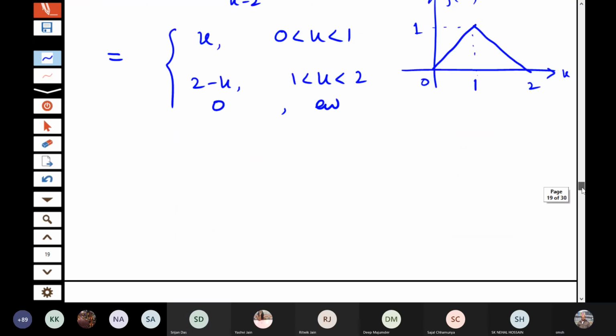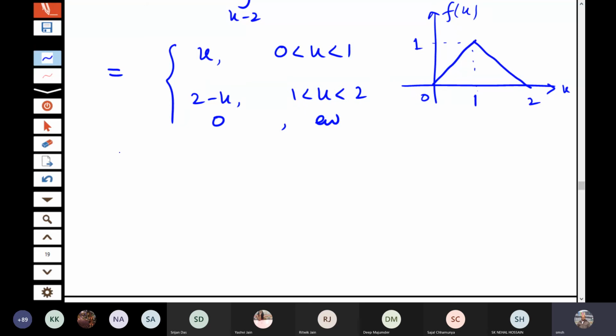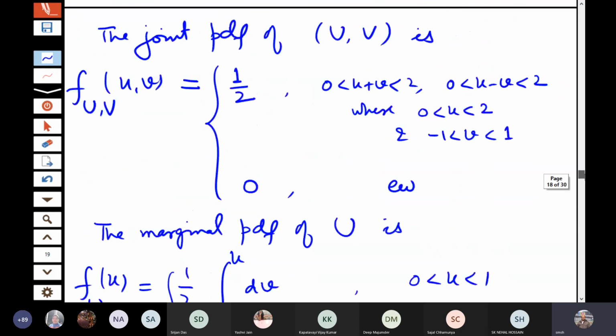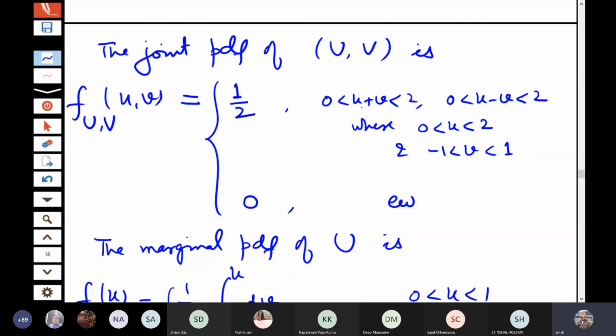Yes, sir. In a similar way, we can find out the marginal distribution of v also, the marginal PDF of v. So you have to integrate this half with respect to u. Now what is the range of u? Again you can see here u is greater than minus v and less than 2 minus v, and from here you get u is greater than v and u is less than 2 plus v.